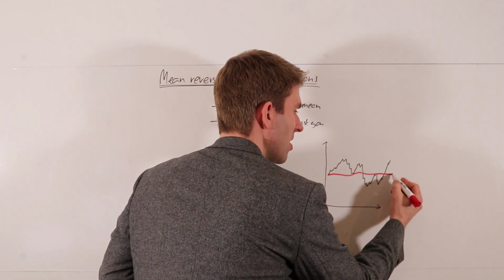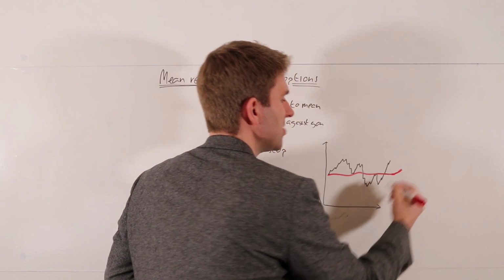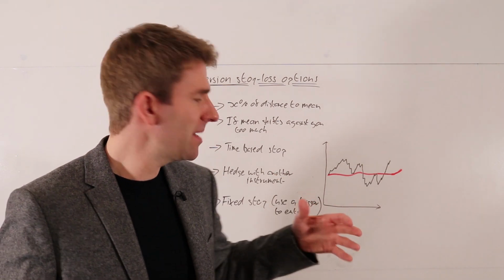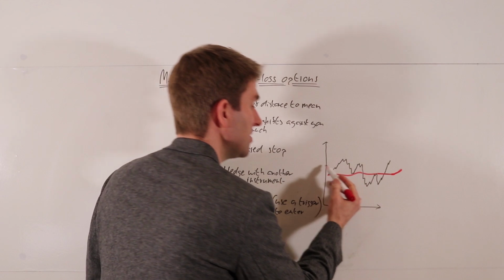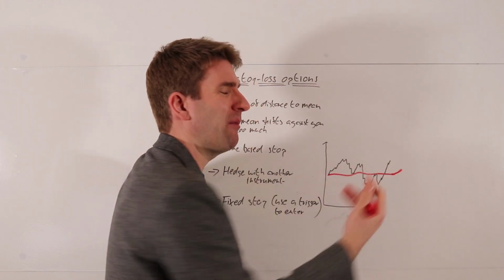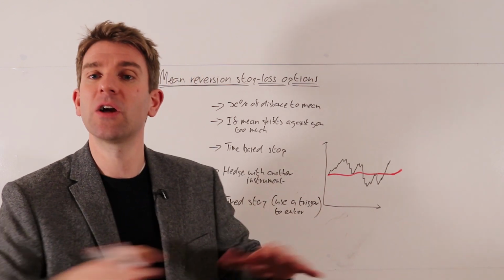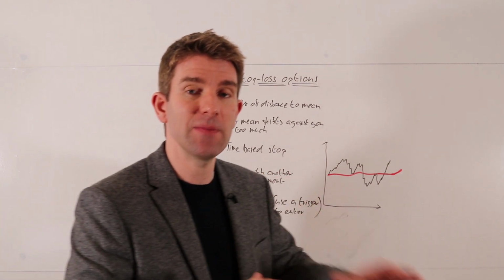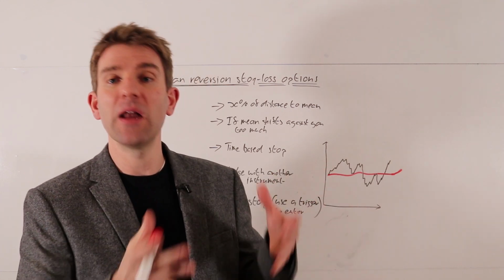If it starts to curl up too much, and again, this is very subjective and depends on how you're going to trade it, but if the mean is moving too far against you, and you could use a percentage of the distance potentially, or however you want to judge it, cut the trade, because that potentially means it's rotating from a mean reversion environment to a trending environment, and that's the last thing you want.